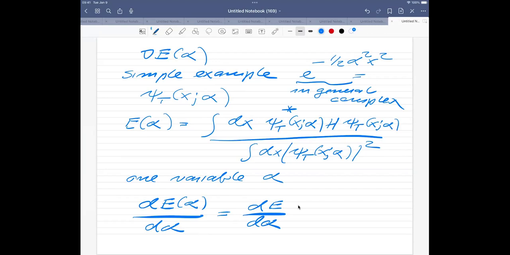Since the complex conjugate wave function is equal to the wave function, I can skip all these complex conjugation symbols. But at the end, when you're dealing with a more realistic function than the harmonic oscillator, which is a simple case for the ground state, we are just looking at the ground state now.